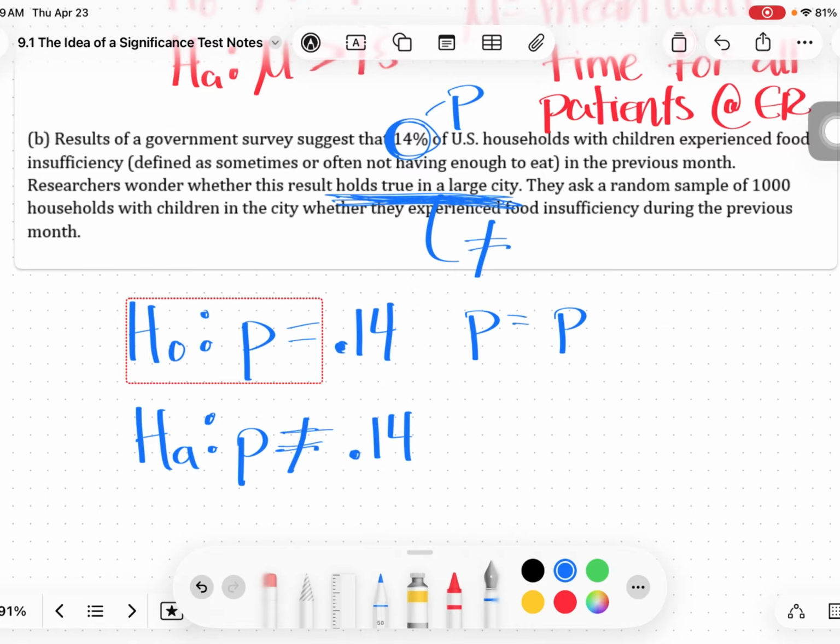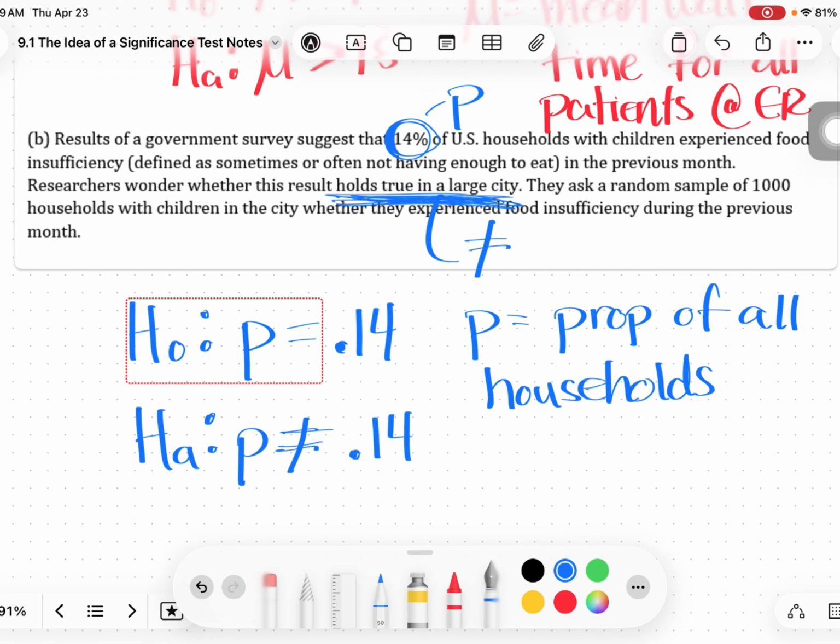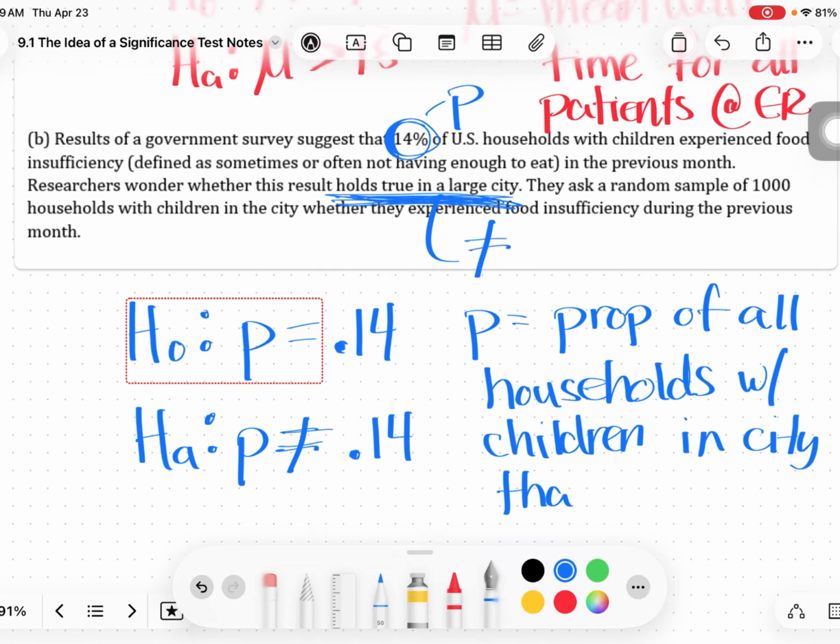And we need to define what P is. It is the proportion of all households with children that experience food insufficiency.